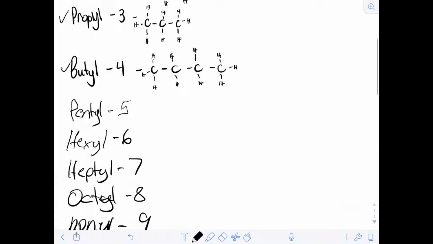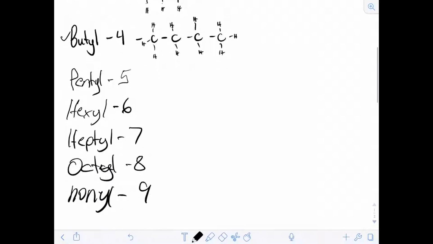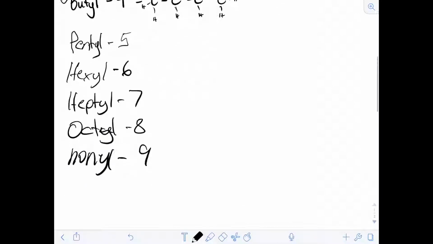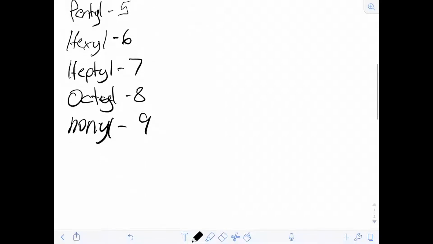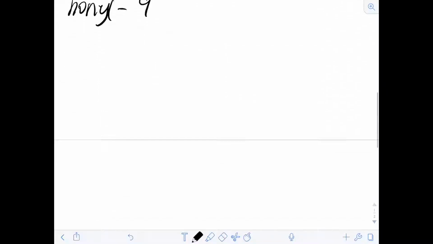Hopefully you can see the pattern. That's one thing about organic chemistry that you'll find out. A lot of it is really just a pattern. And the second you pick up on it, I can honestly say it gets very, very easy.